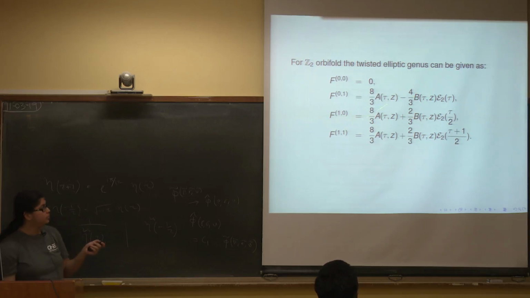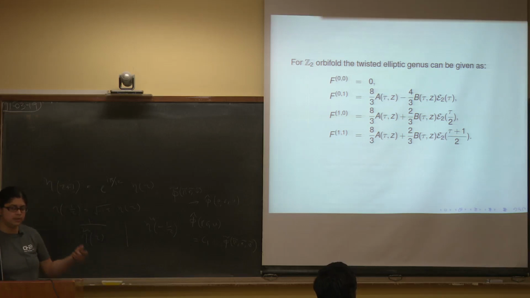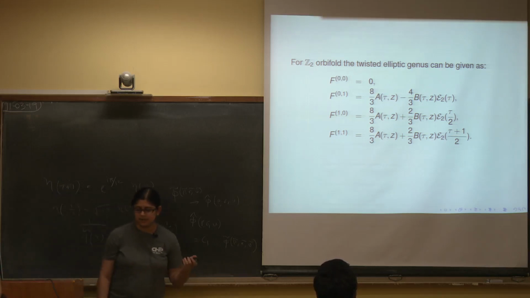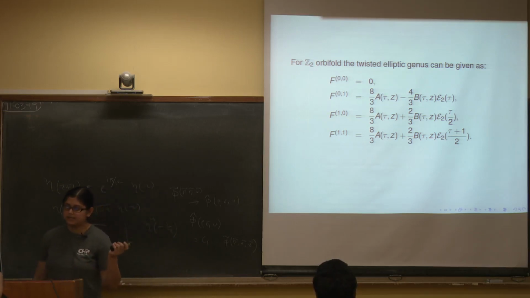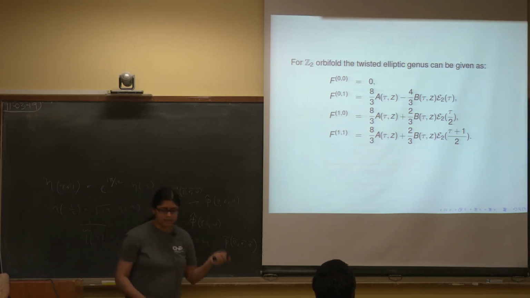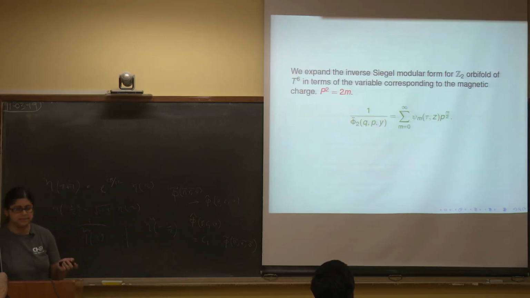For Z2 we have F00 is 0, and these are the values in terms of A's and B's. A is a weight 0 and index 1 Jacobi form, B is a weight -1 and weight -2 and index 1 Jacobi form, and this E2 is actually a gamma naught n weight 2 object written in terms of Eisenstein series.